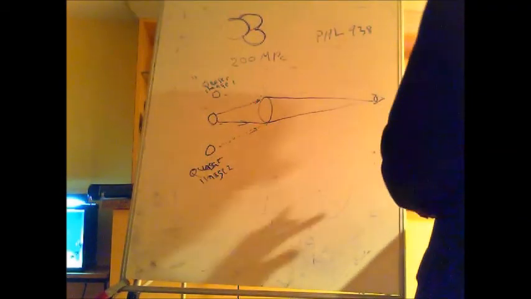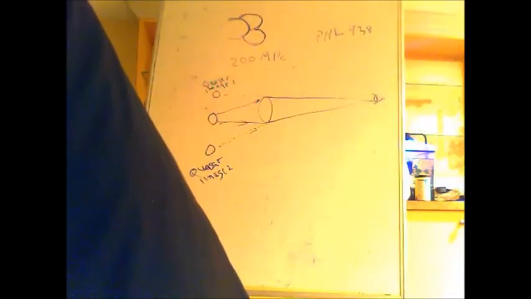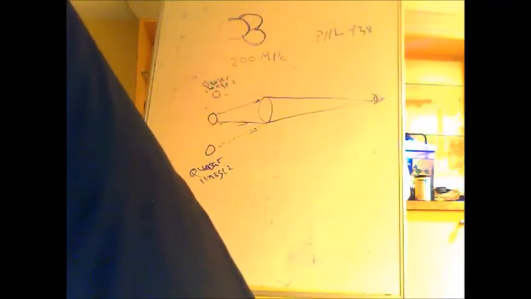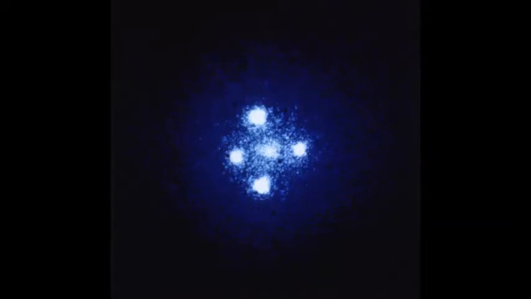This lensing effect can also result in multiple images. Here I'm showing you something that shows two images, but on page 655 of your textbook there's a Hubble image where you see a central bright light, and around that what appear to be four images, which might look like stars. But this is what's called an Einstein cross.